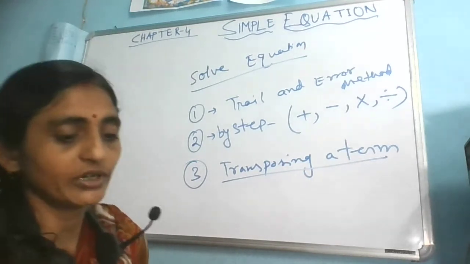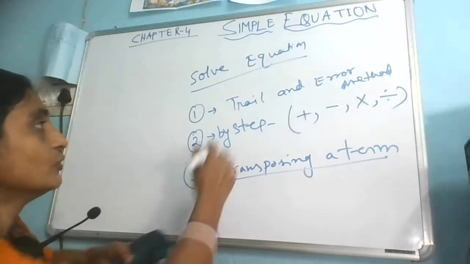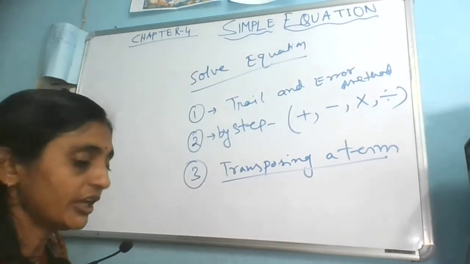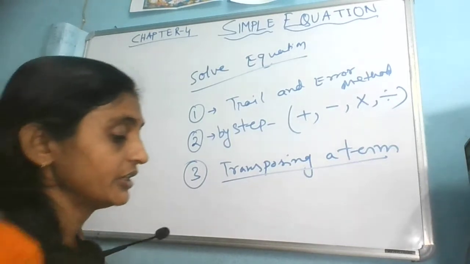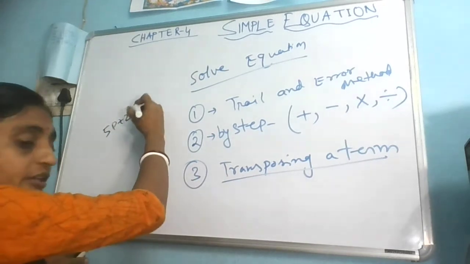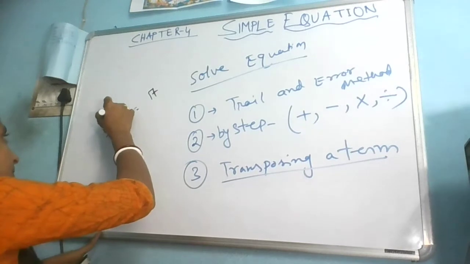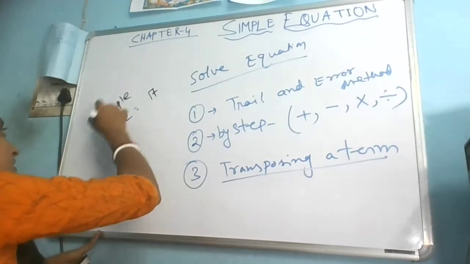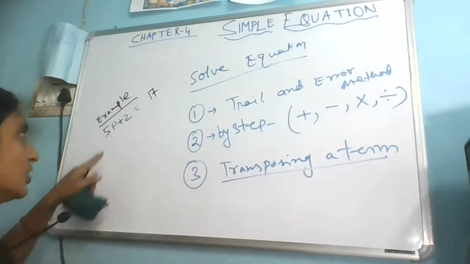First and foremost, let's take an example where we will use the trial and error method. Here I am taking one equation, 5p plus 2 equal to 17. I will solve this example first through the trial and error method. How can I solve this?